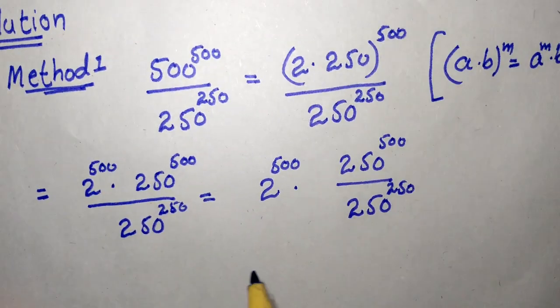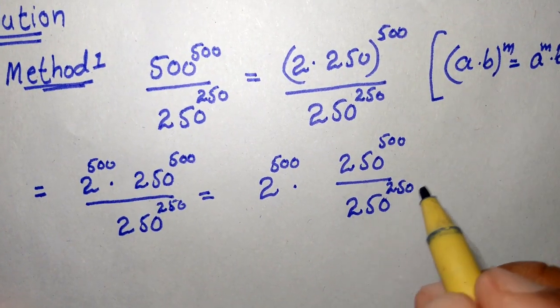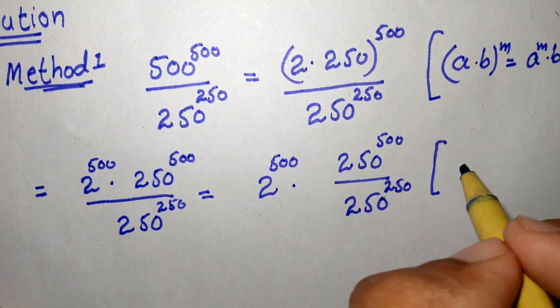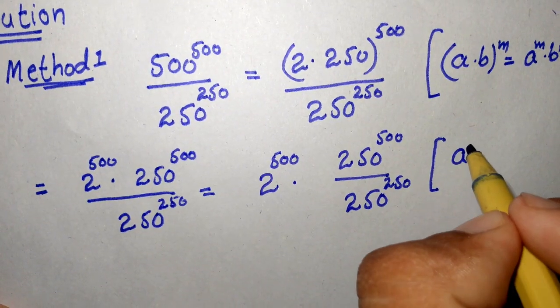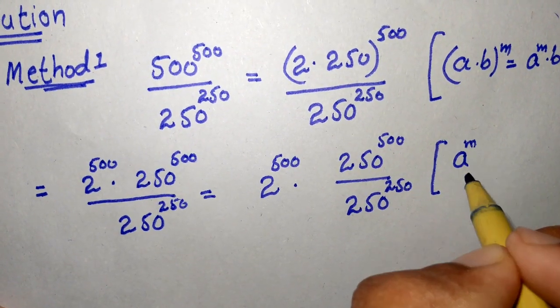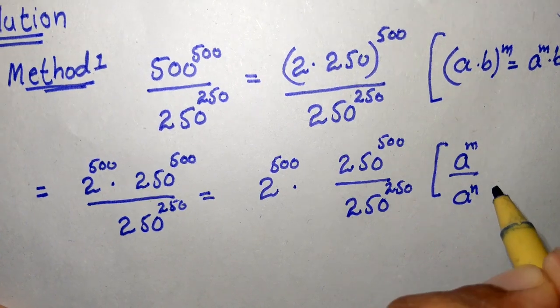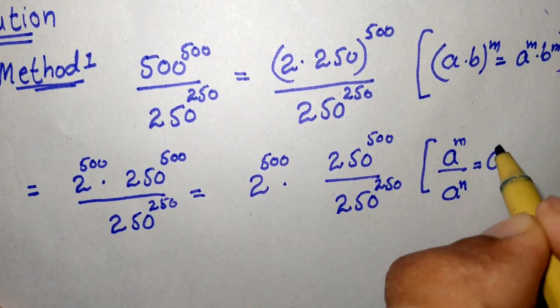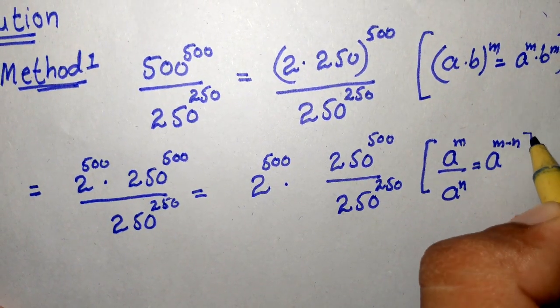Look here, the bases are same, 250 and 250. So this is in the form of a to the power of m divided by a to the power of n, which can be written as a to the power of m minus n.